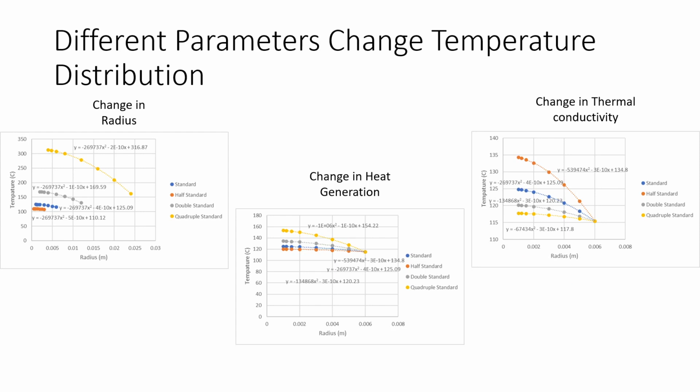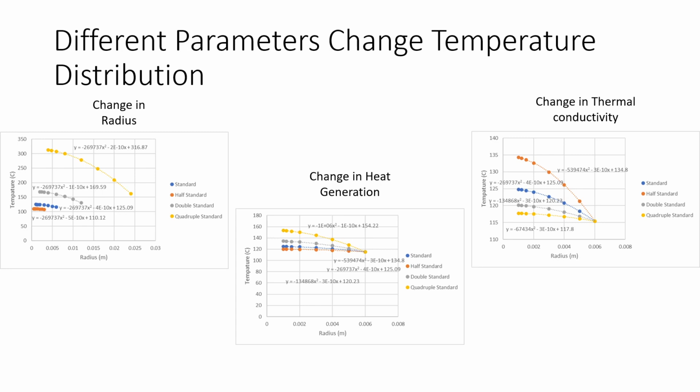So as we can see, with the change in radius, as the radius increases, the temperature increases as well, but the equation that is found from the distribution of the temperatures remains relatively constant, but the temperatures themselves rise up a lot more.